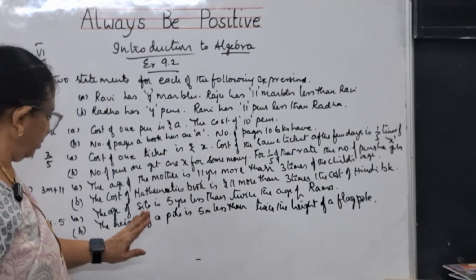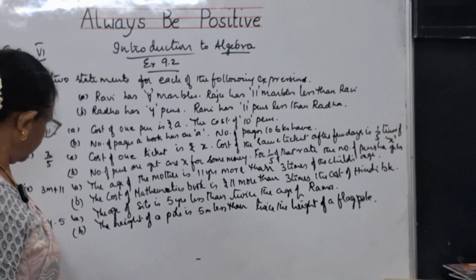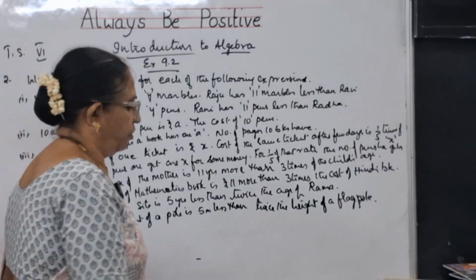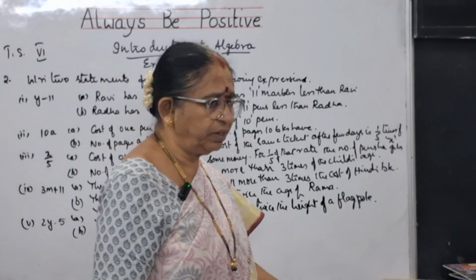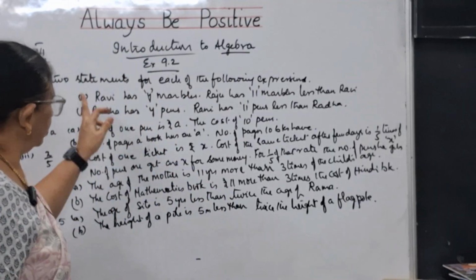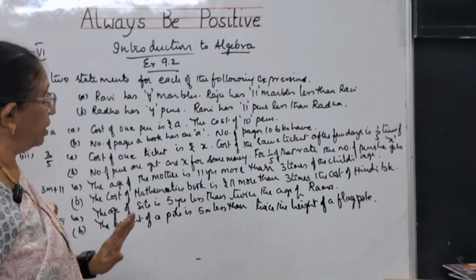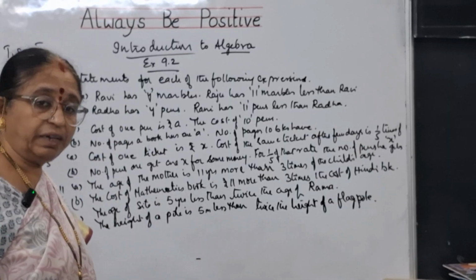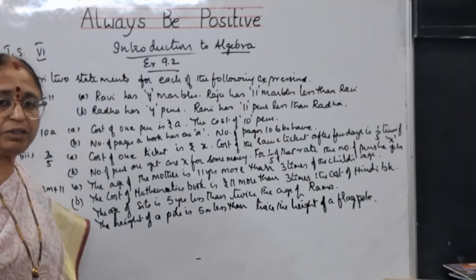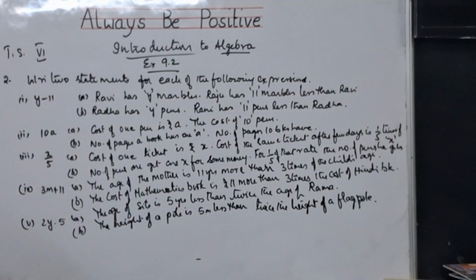Its height is 5 meters less than twice the height of a flagpole. You can write anything, children. Anything will be the correct answer for it. Just use the statements in such a way that they satisfy what is given to us. It is not required that you write only this. Anything else you can write. But you should understand the concept of what is given in this sum. Please note it down.